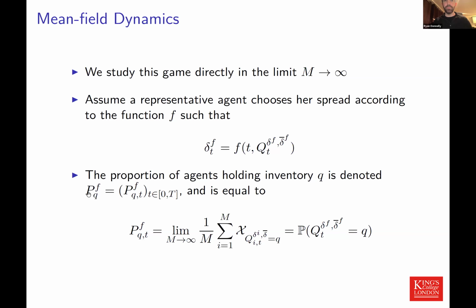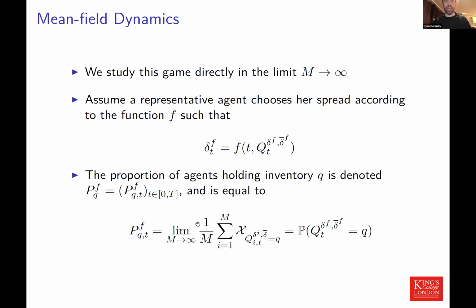Okay, so we'll denote that by a capital P. So this quantity here, this summation that we're taking to a limit, this finite sum is exactly the number of agents that have an inventory equal to lowercase q at time t.